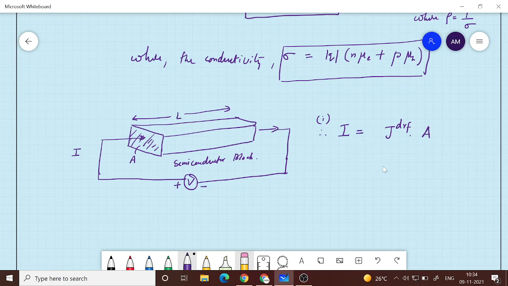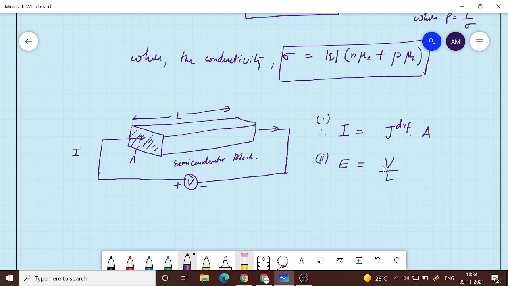So that is number one. That's a relation between current and current density. Also, we have voltage and electric field. Electric field is voltage divided by L. If you apply some voltage V, then the electric field inside the semiconductor will be that voltage applied divided by length. So that is number 2.